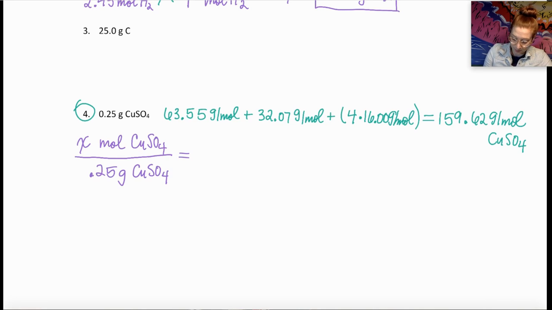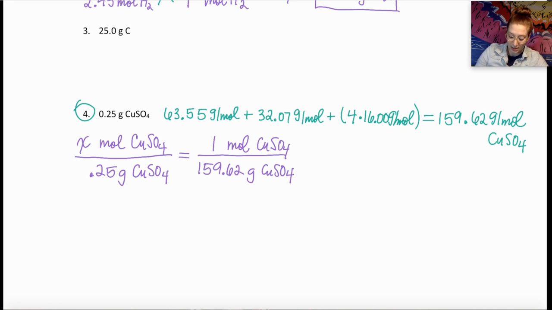So I'm going to use that conversion factor of molar mass and set this up so that my units are in the same places on both sides of my proportion. So I know it's always going to be for 1 mole, and this is CuSO4. And then my mass is 159.62 grams.